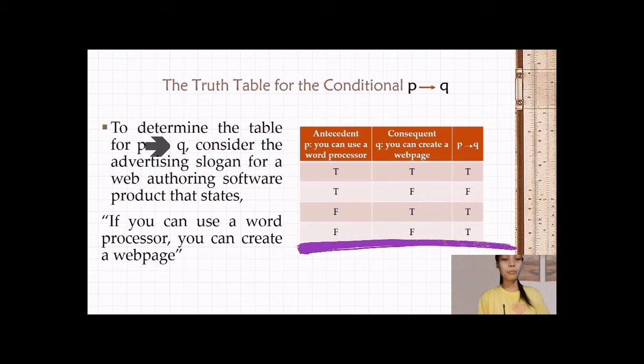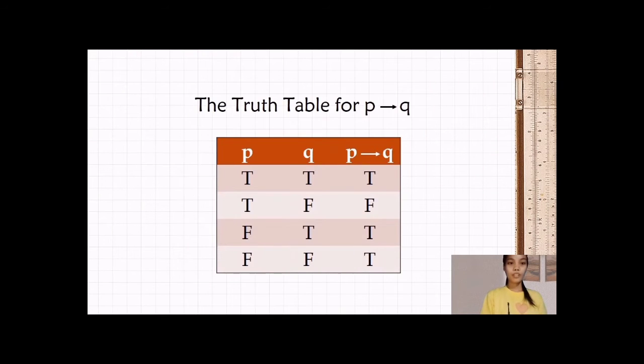So, we will place true. So this will be the truth table for the conditional P and Q. You should remember that the conditional P and Q is false if P is true and Q is false, and it is true in all other cases.